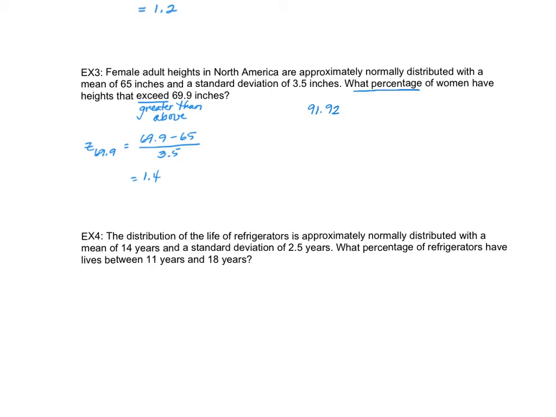So I would either subtract this from 100 and get 8.08%, or since I'm trying to find the percentage above, I would look at the negative 1.4 z-score. And if you look at the negative 1.4 z-score on the table, that corresponds to 8.08%. So again, just be careful if it's above or below.